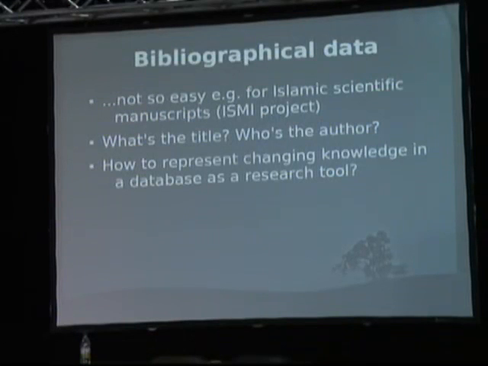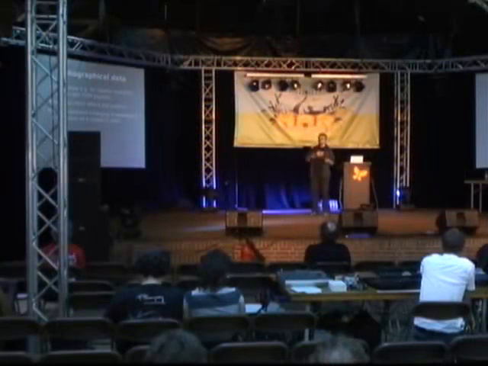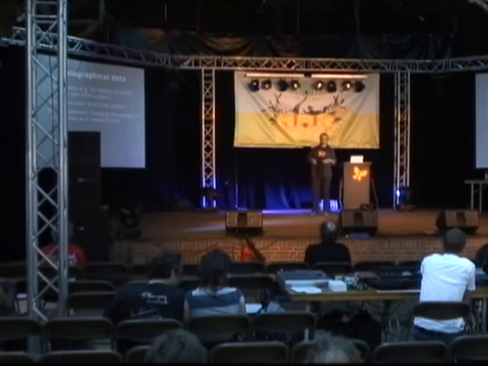So, for example, on bibliographical data, everybody thinks it's easy, the problem is solved, but it's not so easy. I mean, there are catalog programs for libraries, and there are catalog plugins for Word or other programs. But if you're going a little off the beaten path, you're really encountering bigger problems.